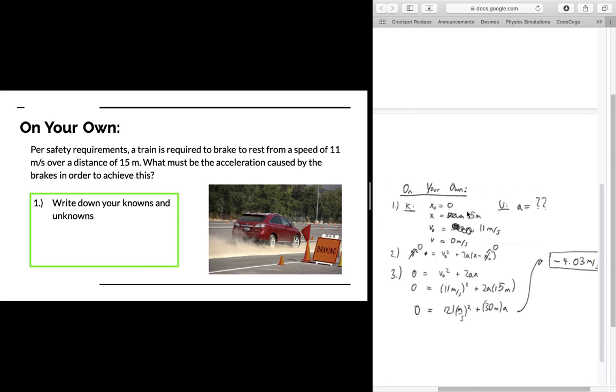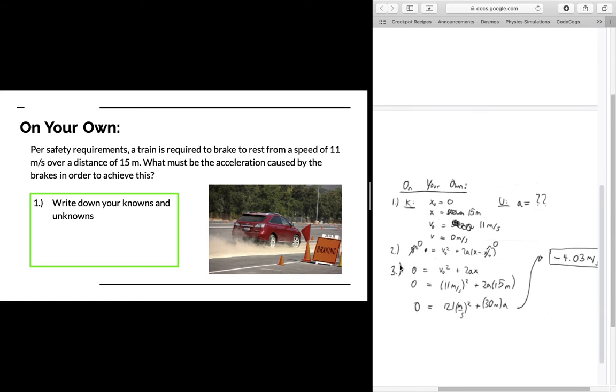Again, comparing our knowns and unknowns, we know x naught, x, v naught, and v, and we're looking for a. Comparing that with our list of equations, we see that we need our third kinematic equation again. V squared equals v naught squared plus 2a times x minus x naught. We can cross out v squared because our final velocity is 0, and x naught because it also equals 0.